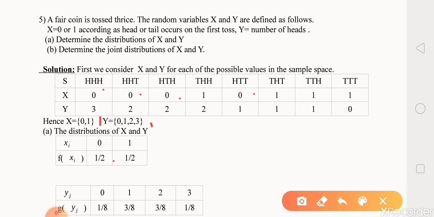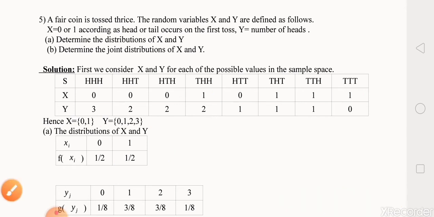So 4 by 8, it is 1 by 2. Remaining 4 values out of 8 values are 1. So 4 by 8, it is equal to 1 by 2. So distribution of X is 0, 1, with probabilities half and half.